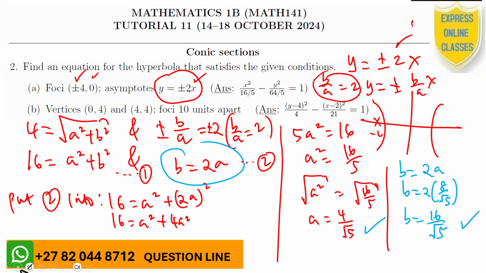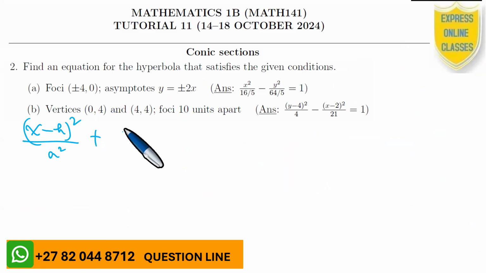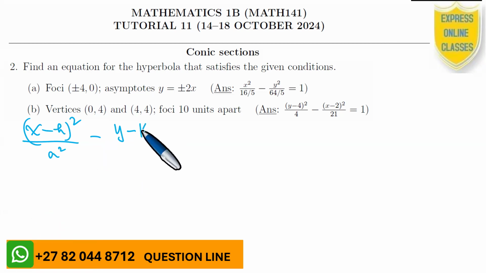Now, if we got the a and the b, then you'd have x minus h, y minus k, yeah, minus in the middle. We're still doing the a part over b squared.